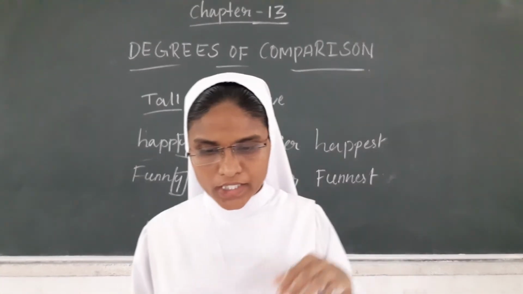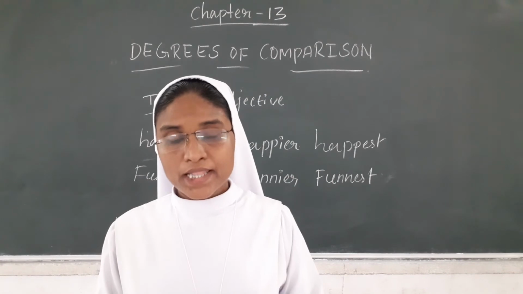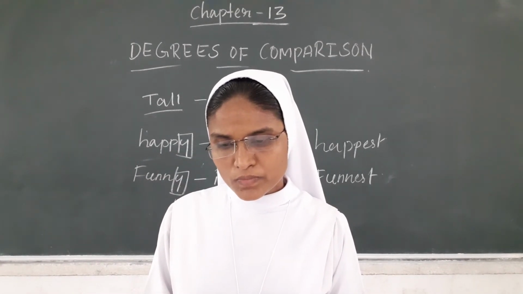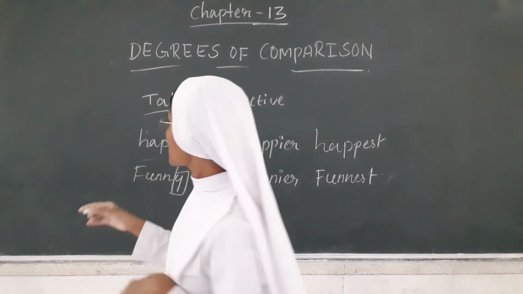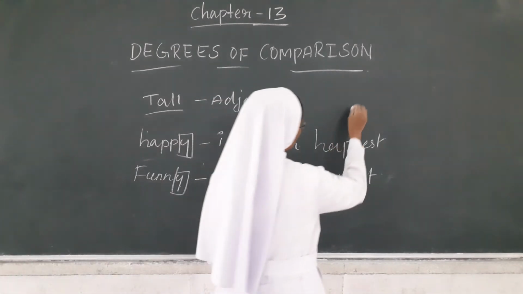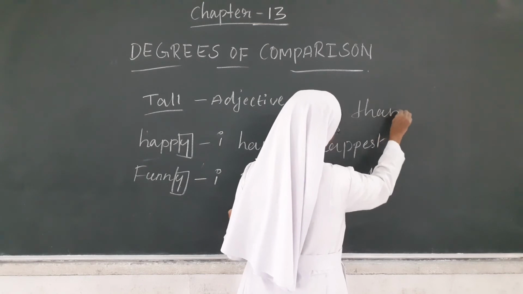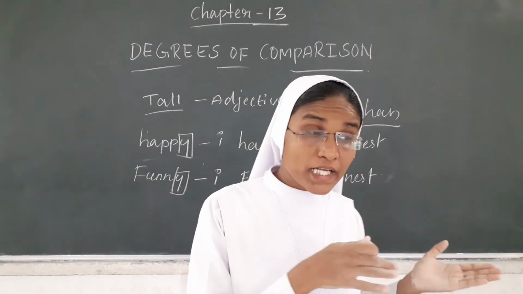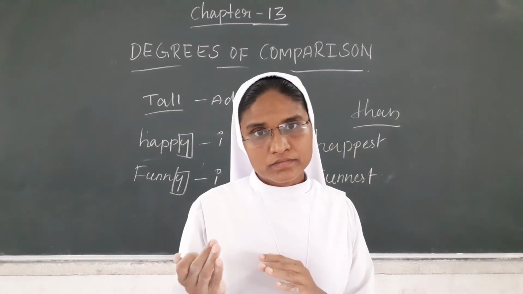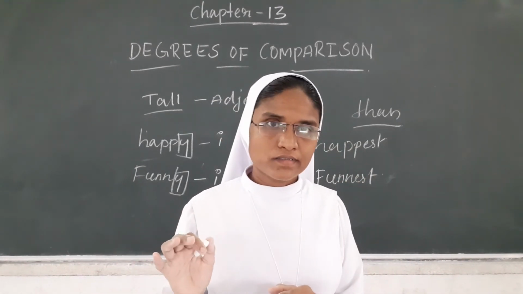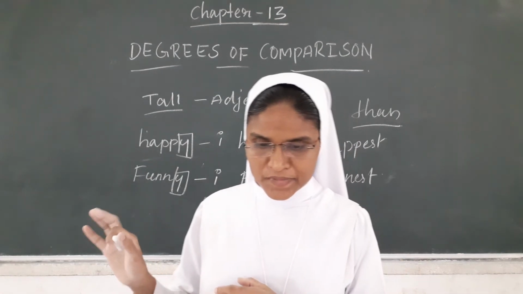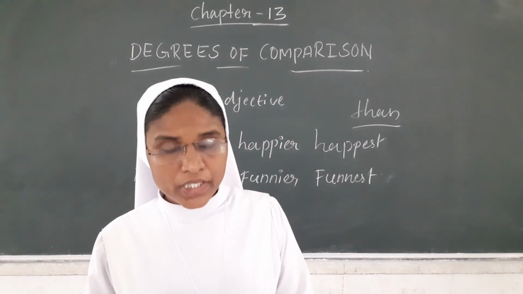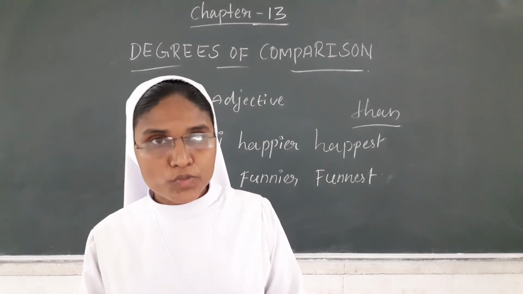Then the comparative degree is usually followed by than. So when we make the comparative degree, we use than: more than, better than, less than. We add the before the superlative degree.